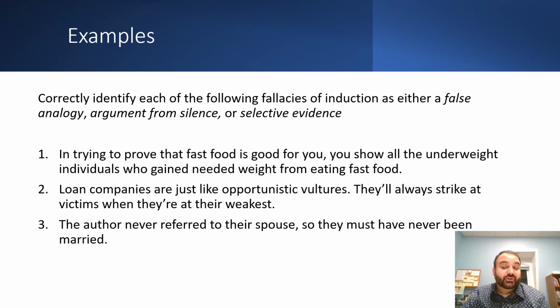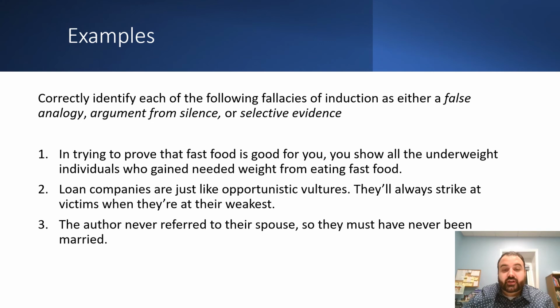And so, yes, you could gain weight by eating fast food, but that doesn't mean that it's actually good for you. So you're using selective evidence of saying how fast food helped someone, even if it's skewed, to prove that fast food is good for you, while ignoring evidence that might say that fast food has negative effects on your health. You have to show both evidence and work with both to make a good argument.